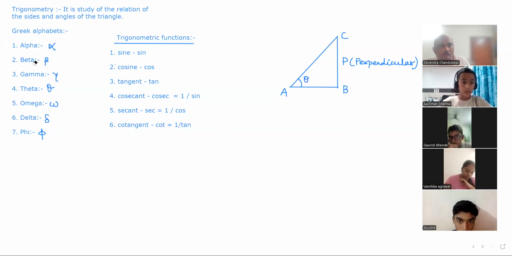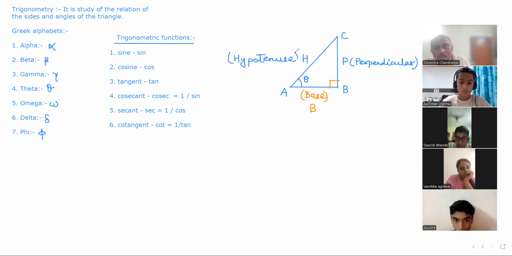ठीक है? Now, this side is the second one. The side perpendicular to the perpendicular is the base. Let's write it as B. And this side is the hypotenuse, H. ठीक है?